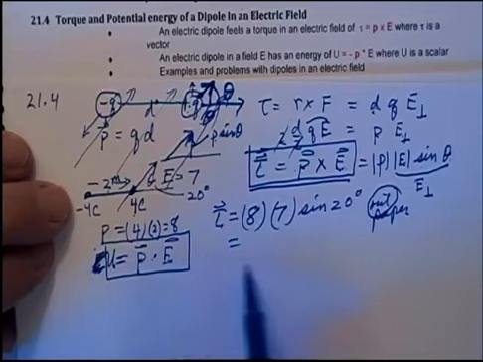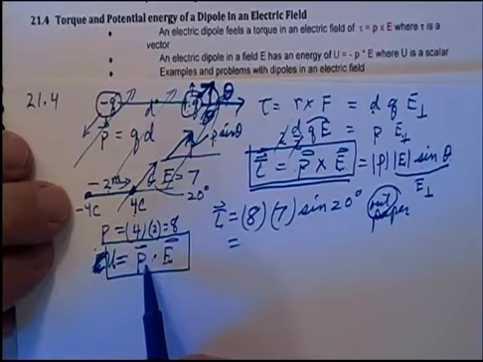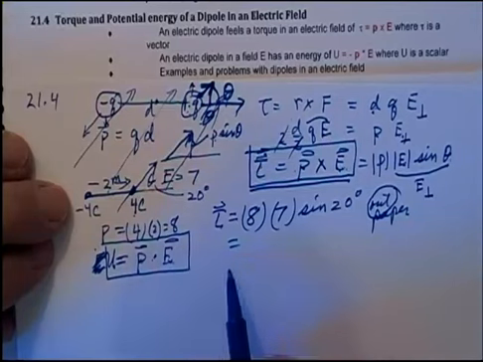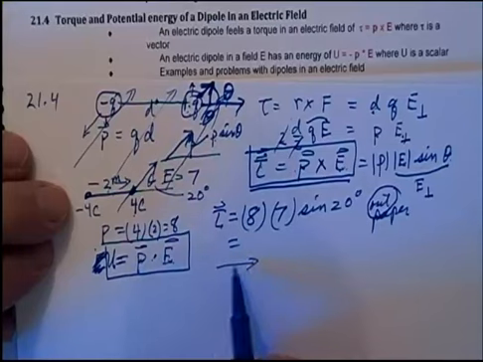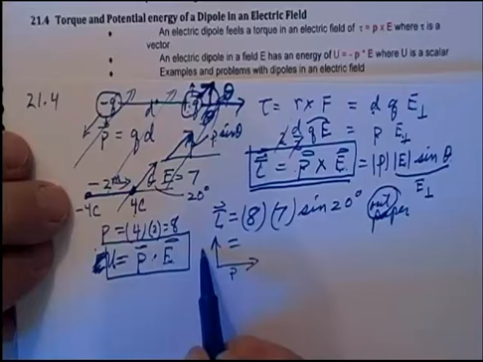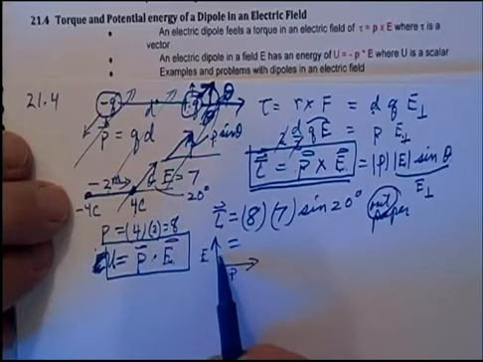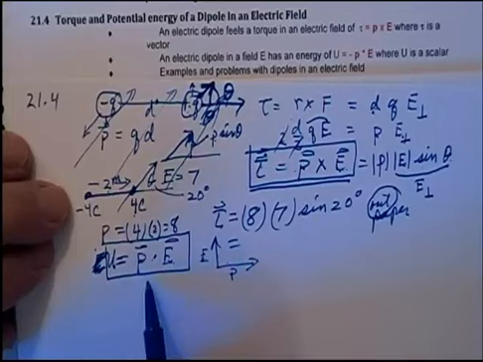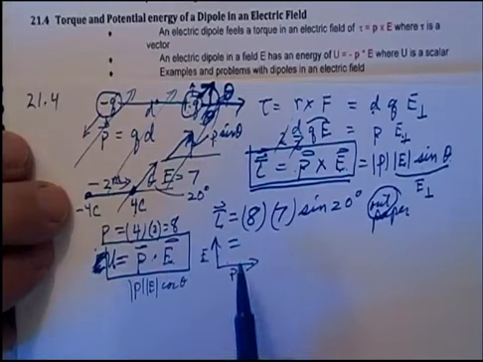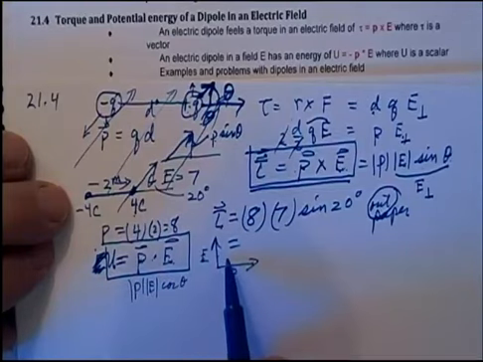Now, you can see that if P and E are perpendicular, say P is here and E is this way, then P dot E, since they're perpendicular, this is 90 degrees. This is P times E times the cosine of theta, and the cosine is 0 here.